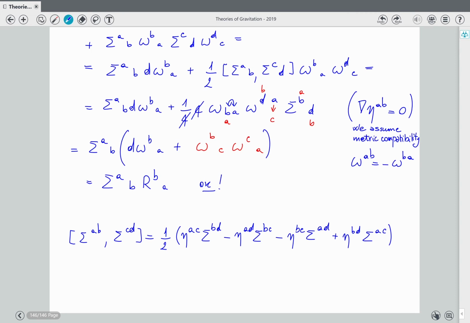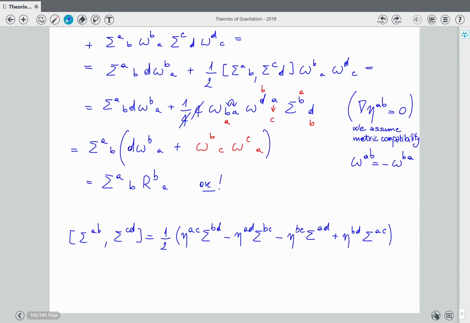So most of the time from now on it will be understood, but not always, because next time we will study the gravitational action and we will see all possibilities, even assuming no metric compatibility and deriving the metric compatibility from the field equations of gravity.